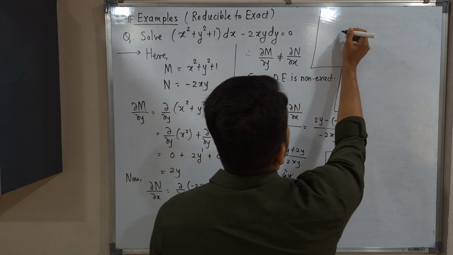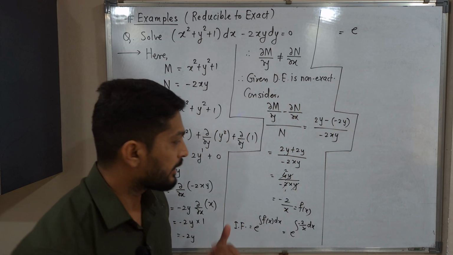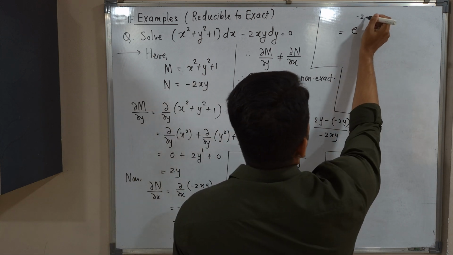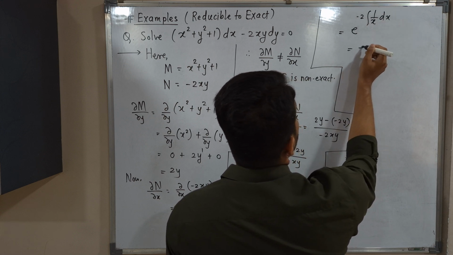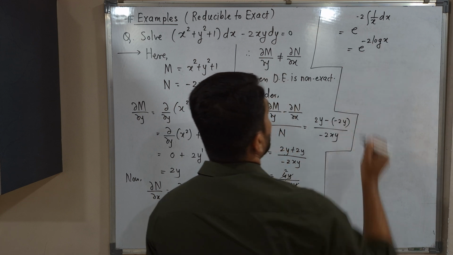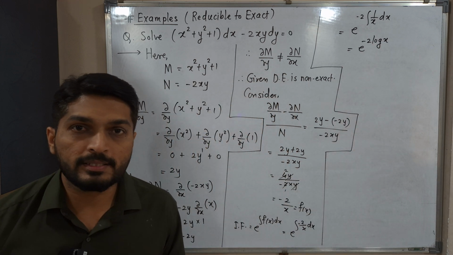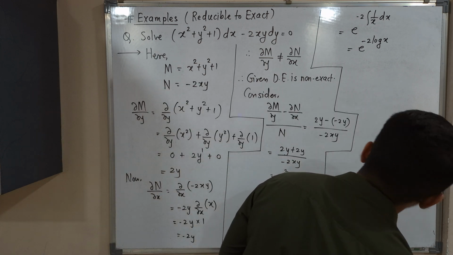Okay. So e raised to minus 2 is constant, it will come outside. So 1 by x. What is the integration of 1 by x? Anyone knows? Minus 2. The integration of 1 by x is log x, since the derivative of log x is 1 by x.